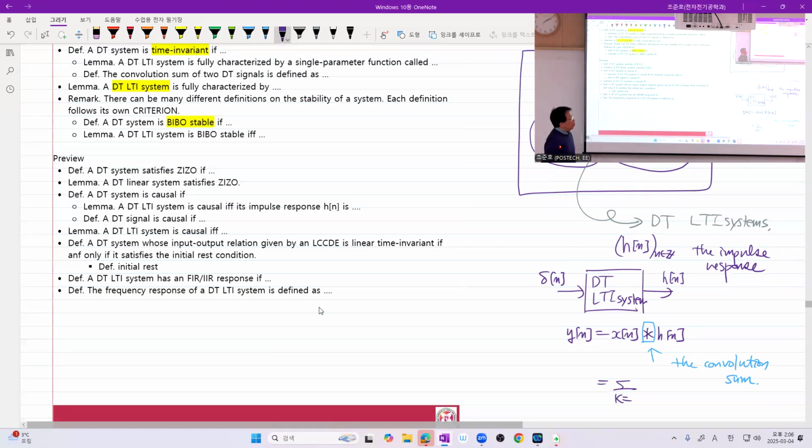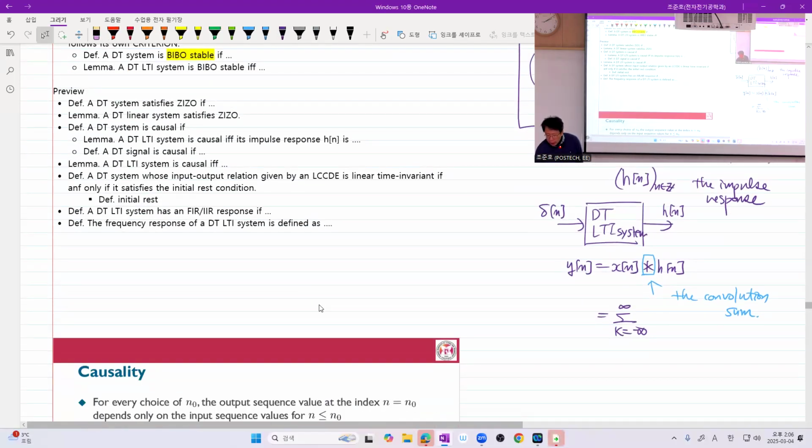Suppose we use the summation variable k, then we can write the convolution sum as the product of the input and what? The impulse response delayed by k. Okay? So the convolution sum can be viewed as the delayed weighted sum of impulse responses.